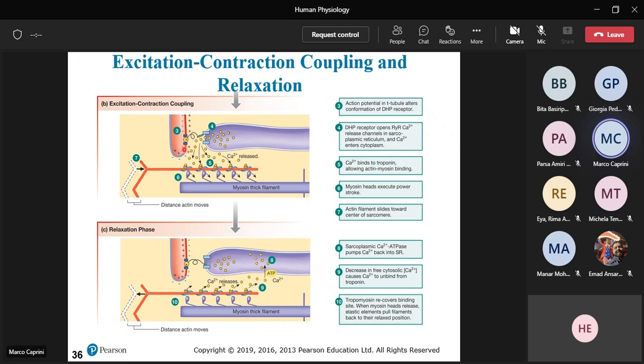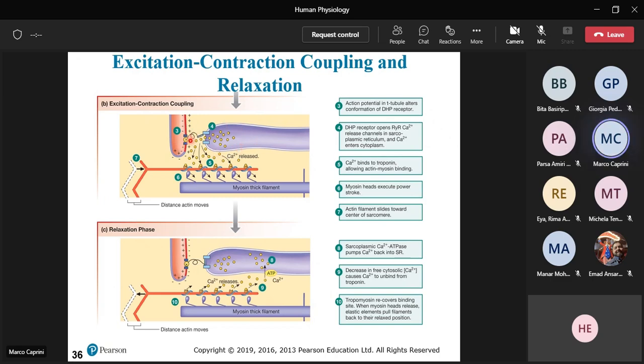And since they are voltage gated, they sense the action potential here in red. They just move a gate that is linked to the DHP receptor and open the ryanodine receptor on the sarcoplasmic reticulum.